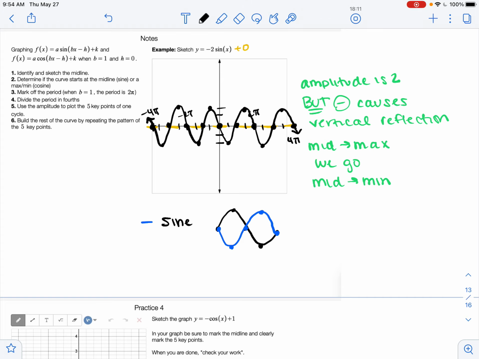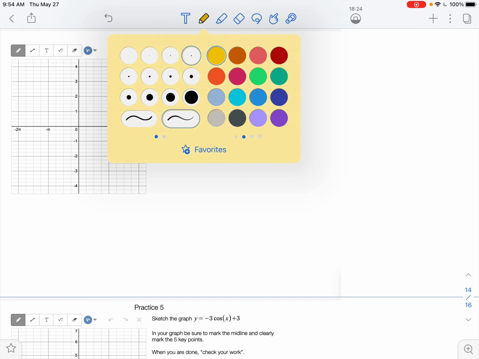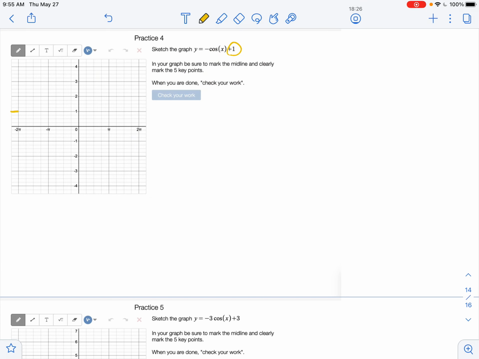All right. I want to talk about together practice 4, just to see how that reflection impacts a cosine curve. So our steps, again, identify and plot the midline. So our midline is positive 1.